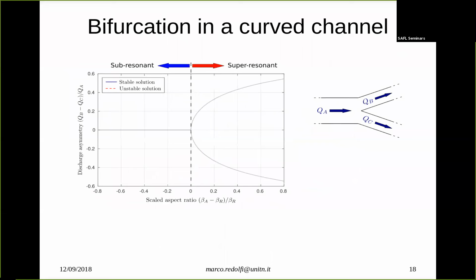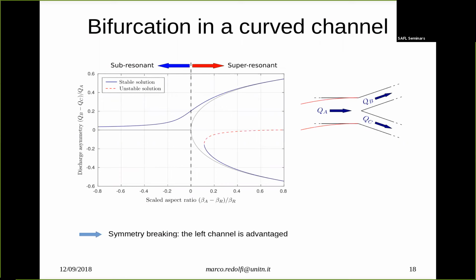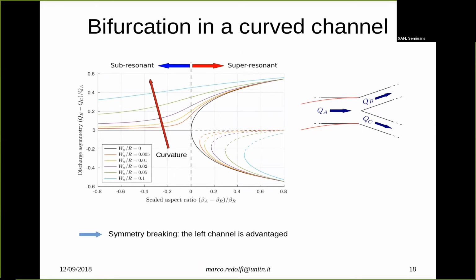Okay, so now we can start seeing the effect of the forcing by introducing a curvature of the channel. The curvature of the channel tends to break the symmetry of the system and tends to advantage, in this case, the left channel. If you increase the curvature, you obviously increase this effect.